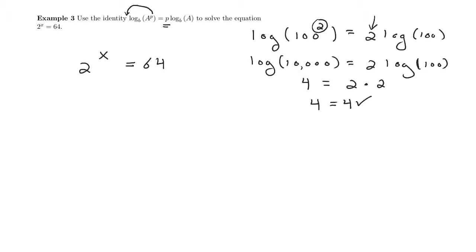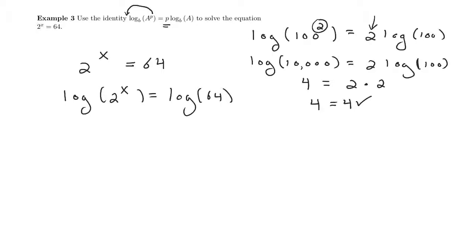What I'm going to do is take the logarithm of both sides of my equation. Kind of like if you would square both sides or take the square root of both sides or divide both sides by 2, I'm going to write log of 2 to the x is equal to log of 64. If the first line is true, so is the second. I'm just doing the same thing to both sides of my equation.